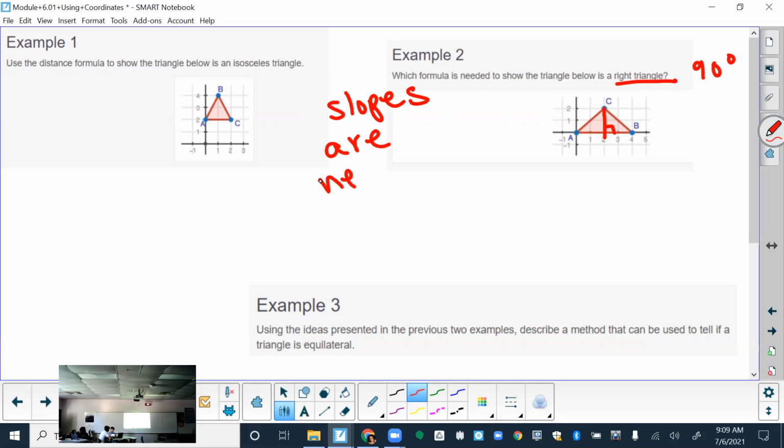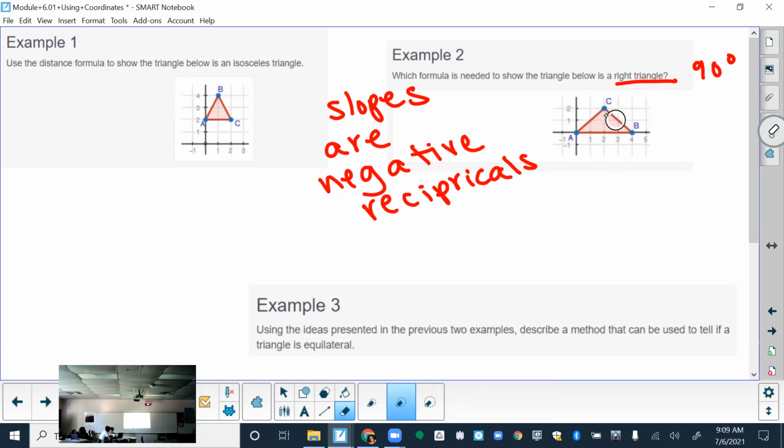So if I can prove that the slopes of each line are negative reciprocals of each other, then we can prove that this is a right triangle, that there is a 90-degree angle here. So probably the 90-degree angle would go here, potentially.